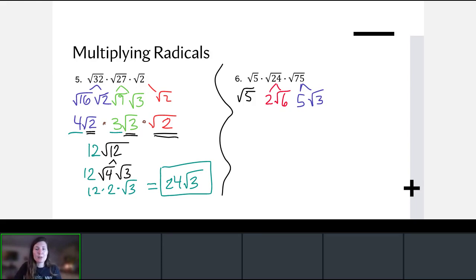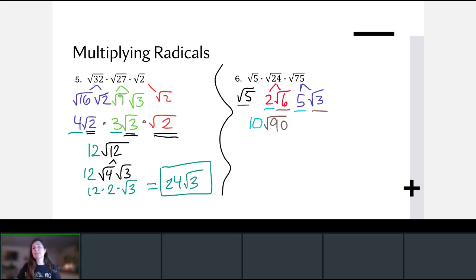All right, multiplying our numbers out front. A 1, a 2, and a 5. So multiplied give us 10. Then our numbers under the root, root 5, root 6, root 3. All right, it's going to be big. 5 times 6, that's 30, times 3, 90. So we have root 90.